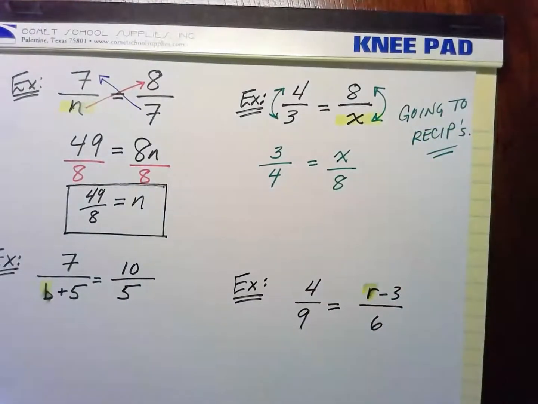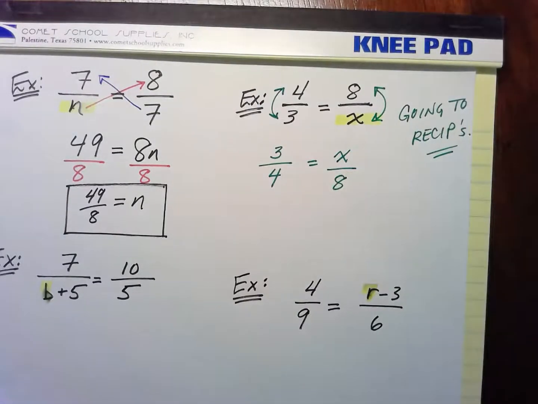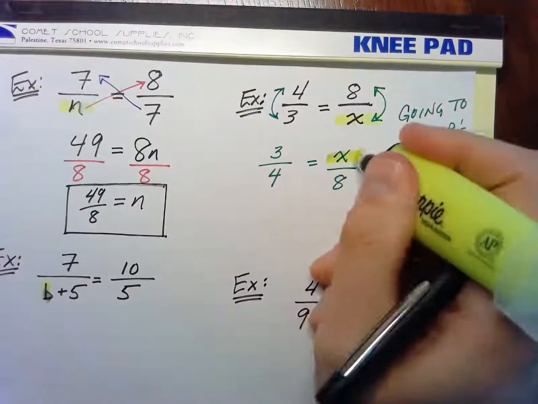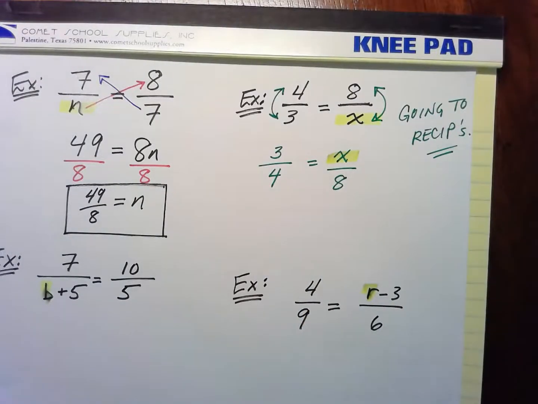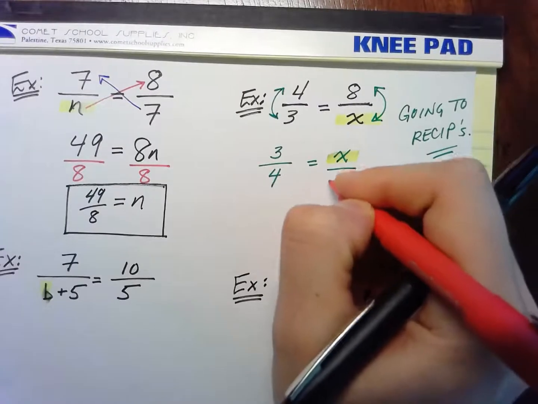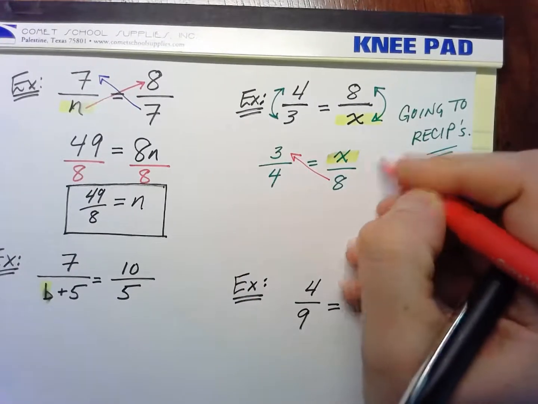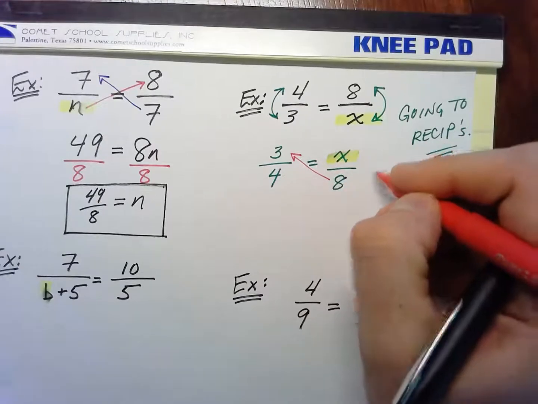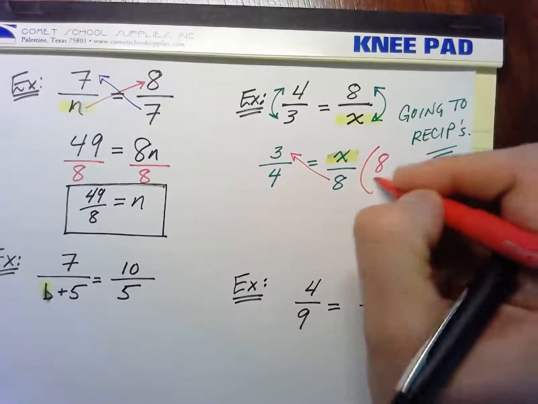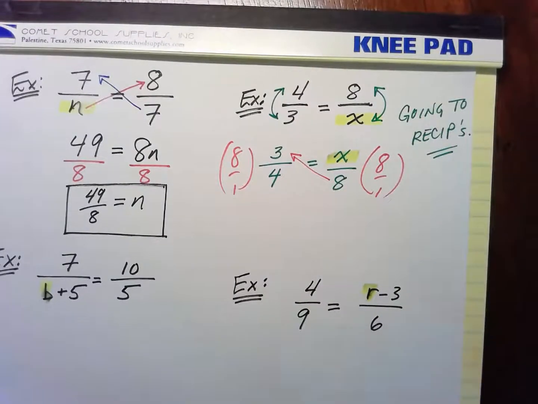And now notice that the only thing that's happening to the x right here, because we're still trying to find that guy, right? The only thing that's happening to the x is division by 8, and so I can then multiply by 8 up across, which is the same as multiplying by 8 on each side. I could write this, or I could also write 8 over 1 and 8 over 1. Either one you want to say is fine.